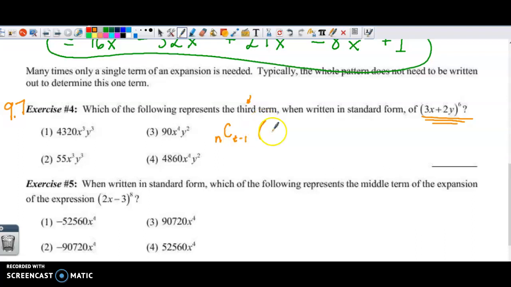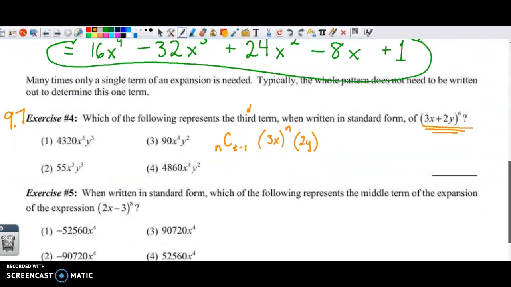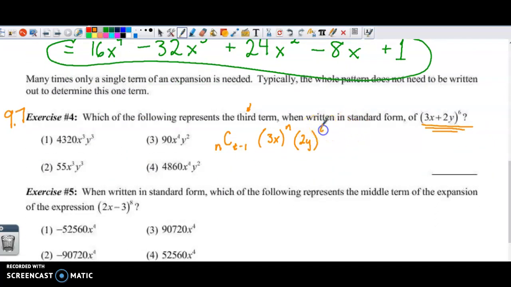And then you always start with the first piece, which in this case, I'm kind of hesitant to write out. But it's 3x to the nth power. And then the second piece, which is 2y, to the, and it might make more sense if you look back at the formula, the exponent on the second term, the y term on this one, is the same as the second piece of your combination, t minus 1.